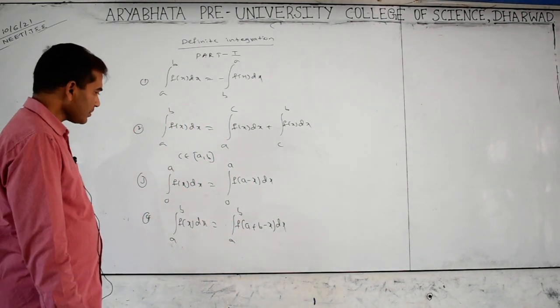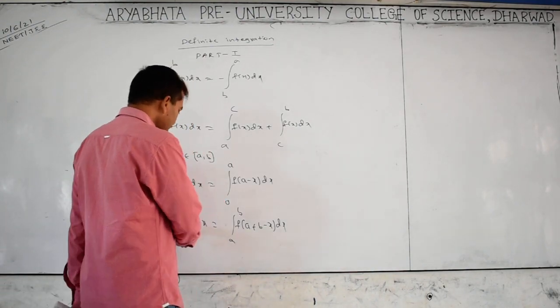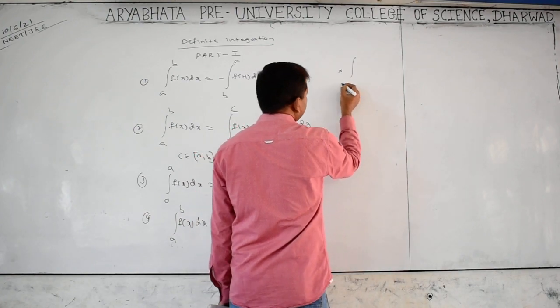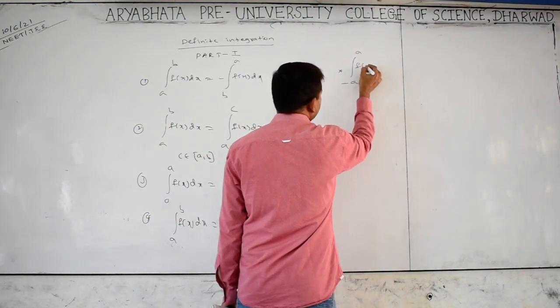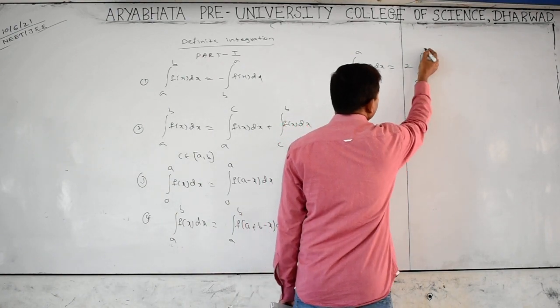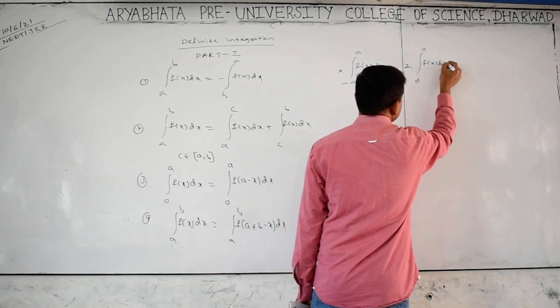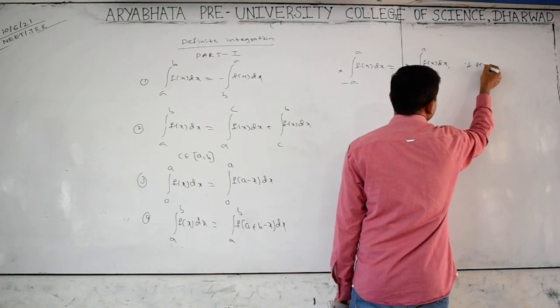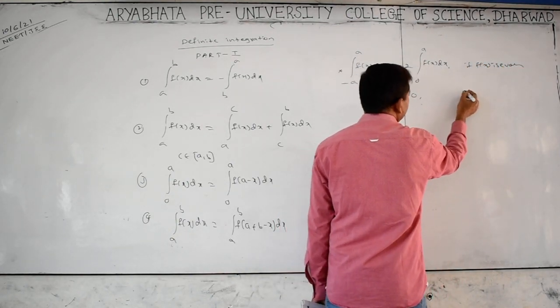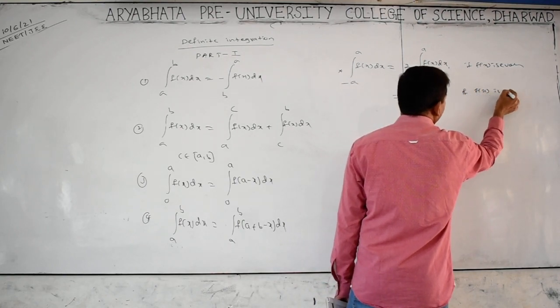This is the sum of the limits, x replaced by the sum of the limits minus x. Next, integration from minus a to a of f of x dx equals 2 times integration from 0 to a of f of x dx if f of x is even, and 0 if f of x is odd.